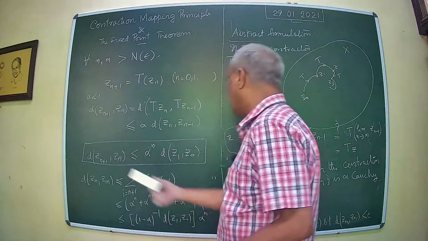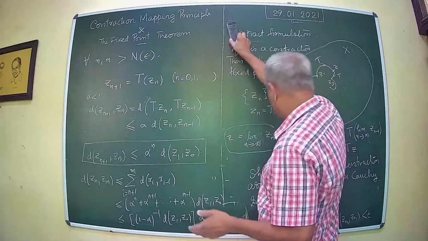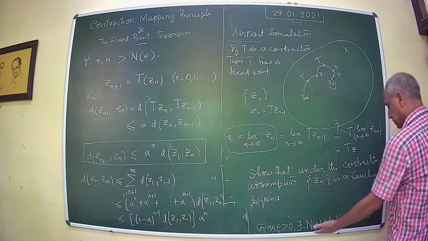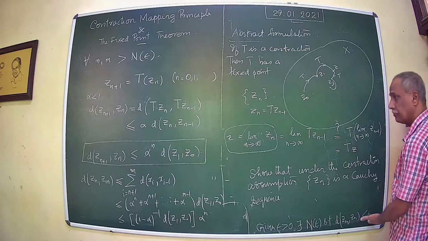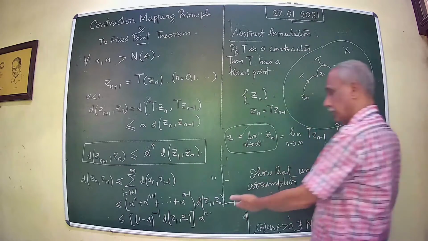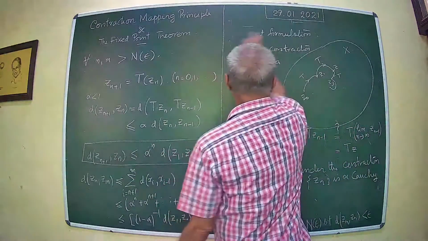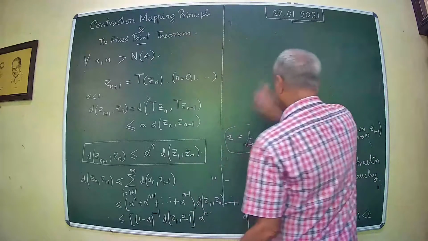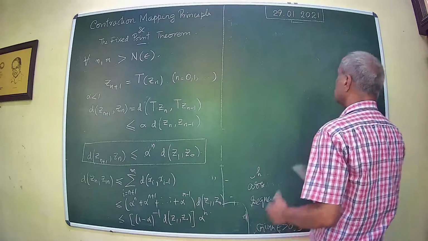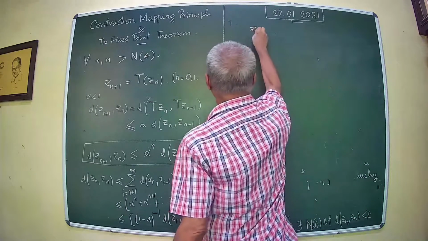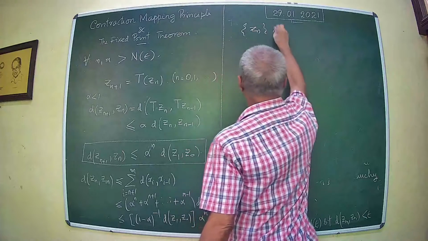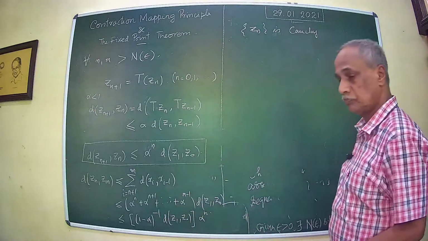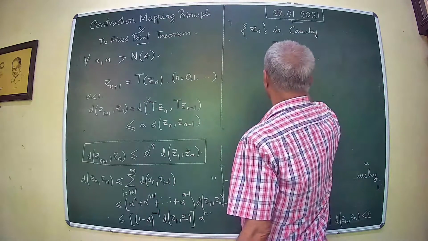Now this inequality immediately tells you what I wrote, that given epsilon there exists an n epsilon such that this is less than epsilon for all m and n greater than n epsilon. From this inequality it follows. Therefore what we have proved is that Zn is Cauchy.